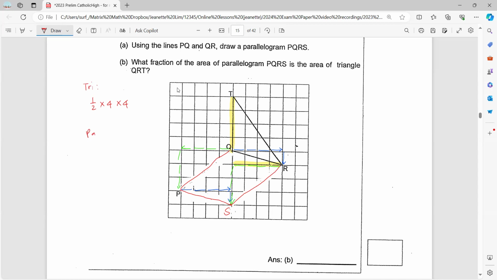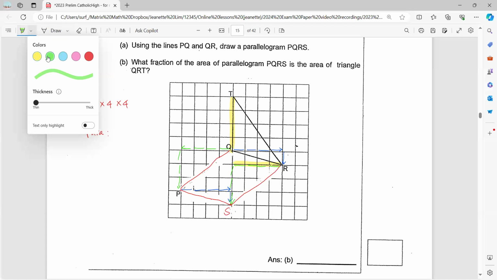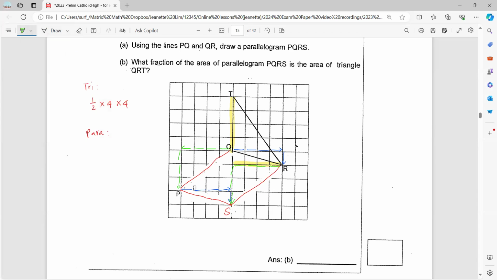Then the parallelogram can be split into two triangles, which is PQS. So if I were to look at PQS, the base is here, the height is here.